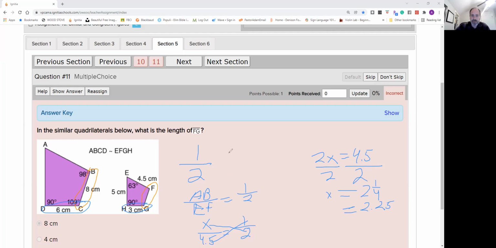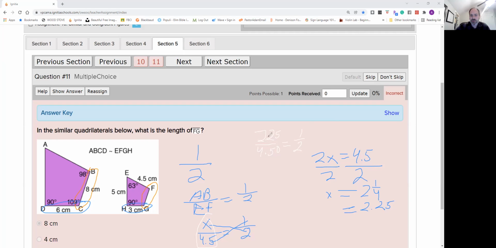So how does that work? Let's check this now. All right, let's take a different color here and check. So my X should be 2.25 over 4.5. We'll go 4.50. Does that reduce down to 1/2? Wow, that's a great question.